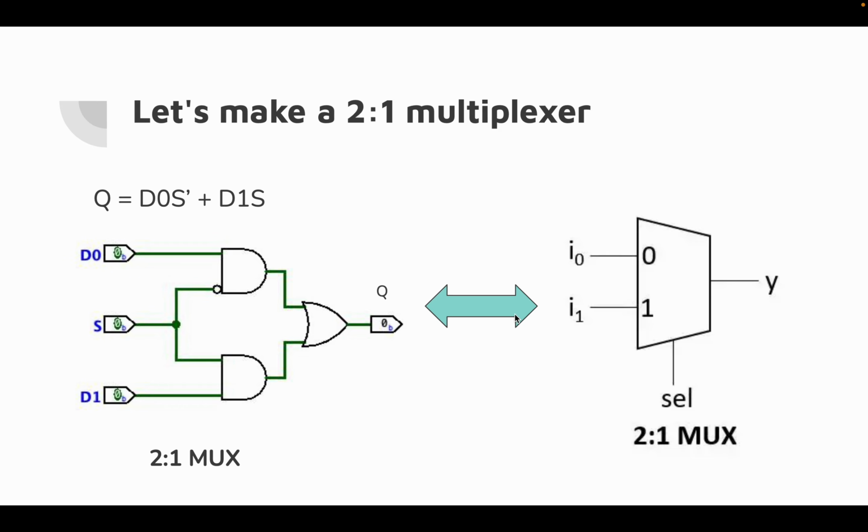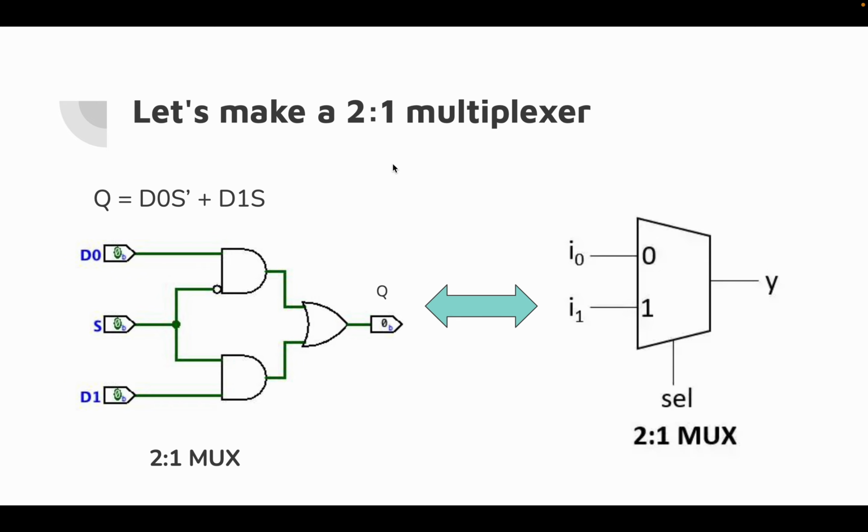And I just have these two arrows representing that they're basically one or another. You can have this one be represented as your multiplexer, or this one be your multiplexer. But the more preferred version would be this guy right here.